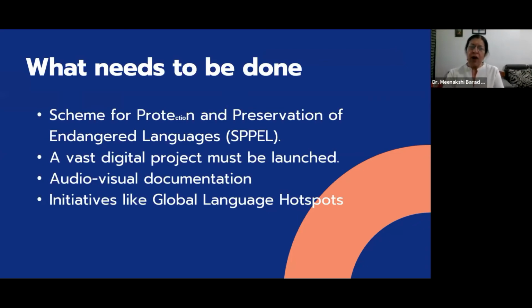And then there could be a vast digital project, launched on the lines of the Project Tiger, for preserving and growing India's endangered languages.